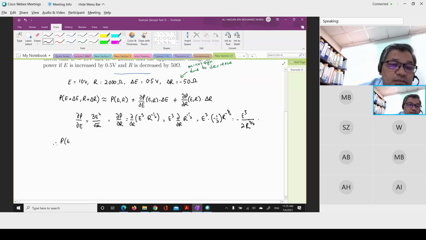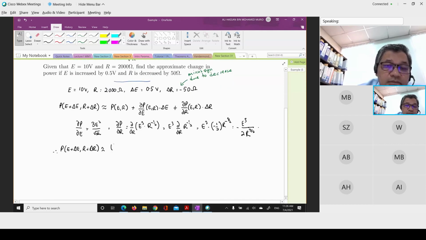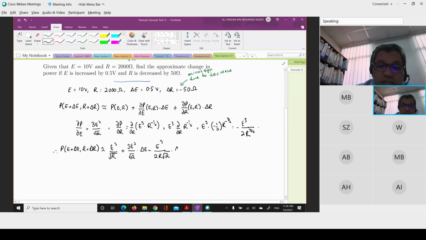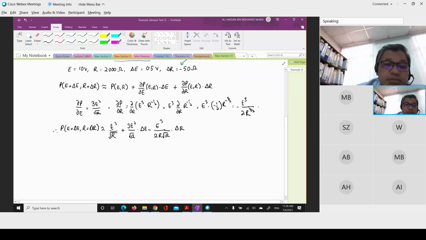Therefore, P of E plus delta E, R plus delta R is approximately P of E, R, which is E cubed over square root R, plus partial P over partial E, which is 3E squared over square root R, times delta E. Next we have partial P over partial R, which is minus E cubed over 2 R to the power of 3 over 2, the same as R square root R, times delta R.